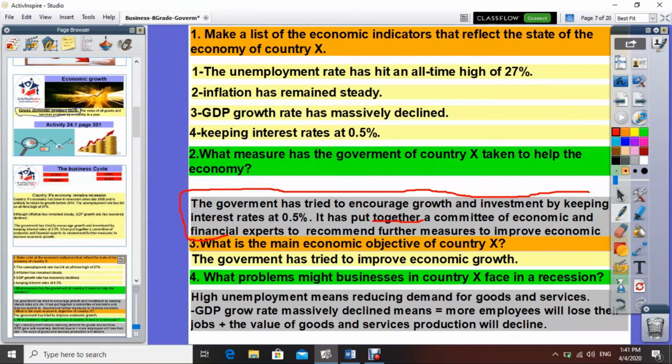Question number four: what problems might businesses in country X face in a recession? High unemployment means reduced demand for goods and services. A massively declining GDP growth rate means more employees will lose their jobs, plus the value of goods and services produced will decline.